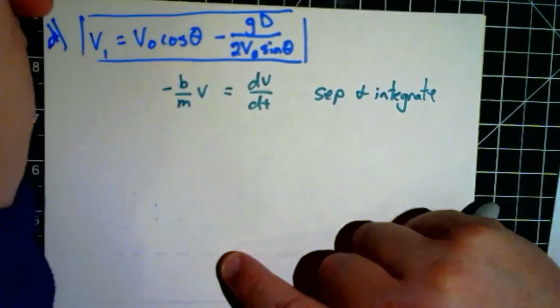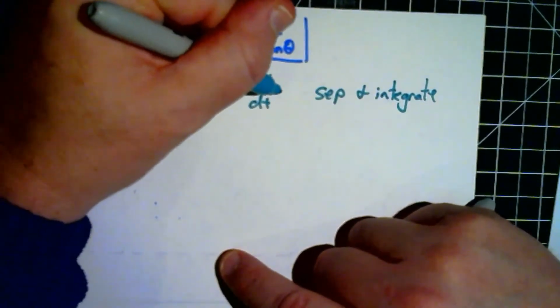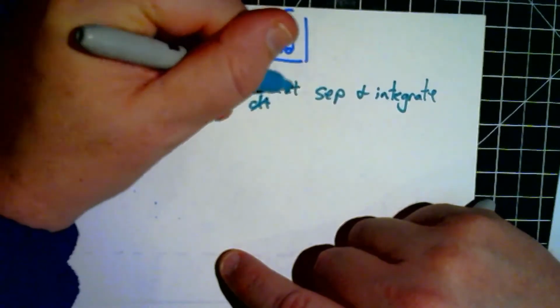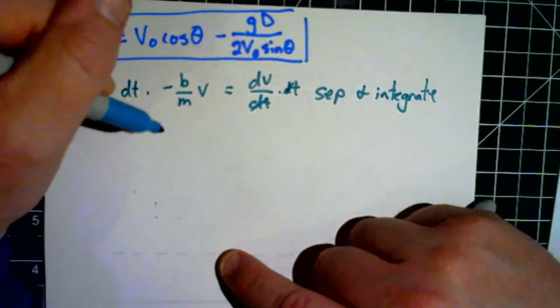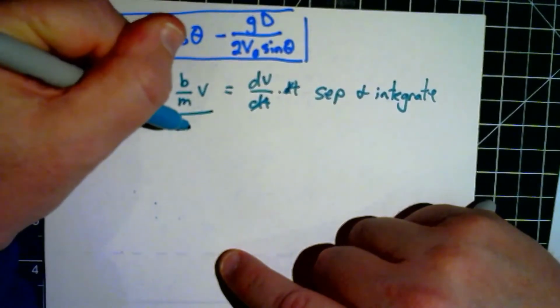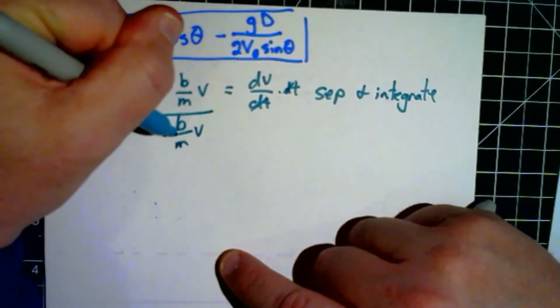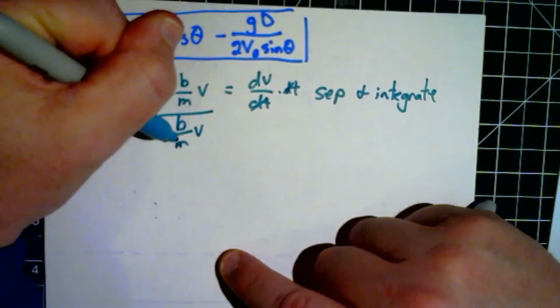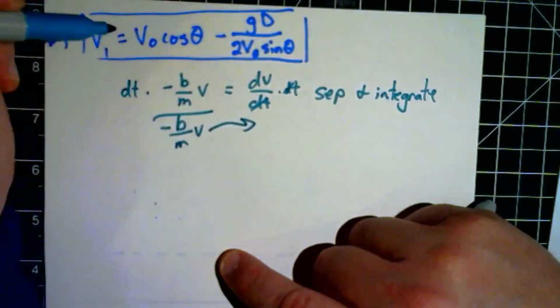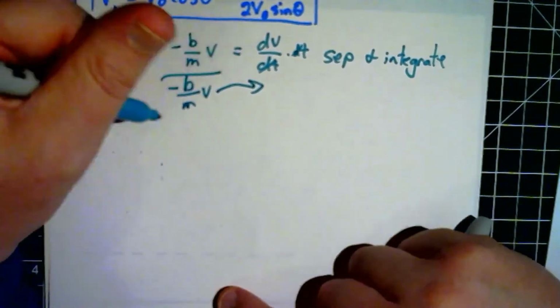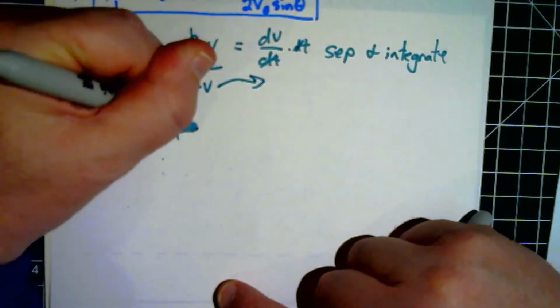There are calculus reasons why we can do this. I'm going to multiply by dt to get it over to the left, and then divide by negative b over m times v to get it over to the right.